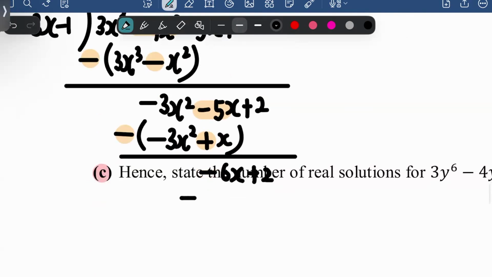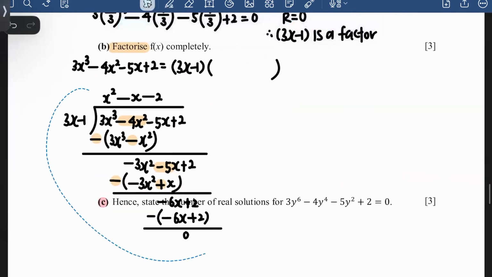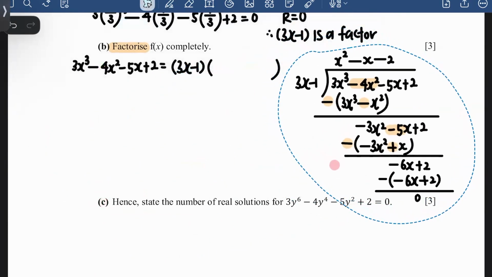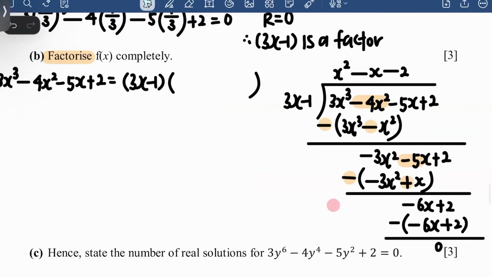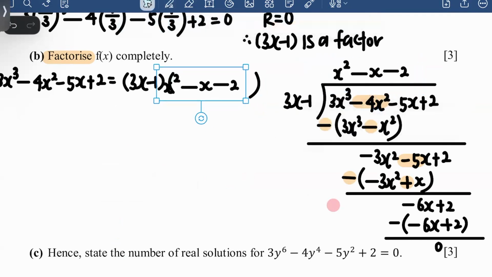Make sure it becomes 0. Let's see. So multiply by negative 2, minus 6x plus 2. So then it must be 0, okay? If it's not 0, then your long division, something is wrong already. Put here, okay? So that means now we can understand that this thing here is over here.